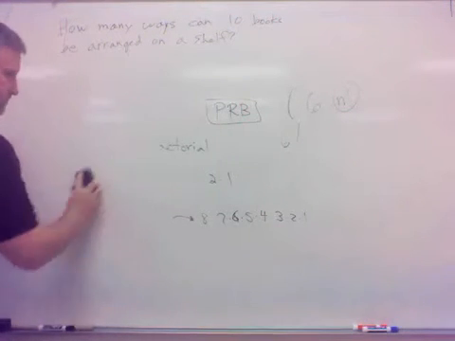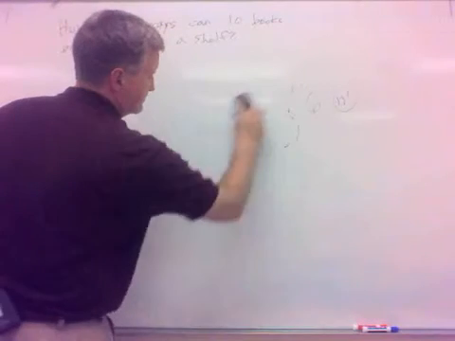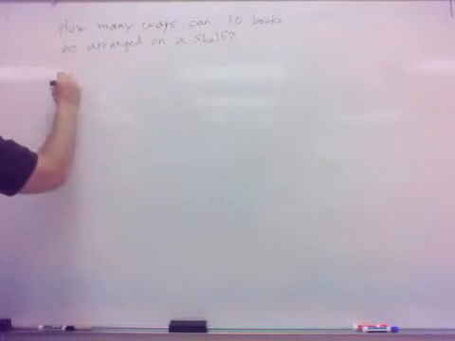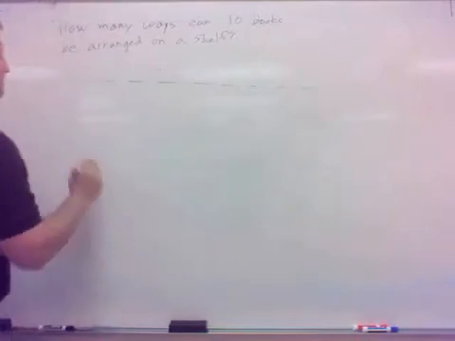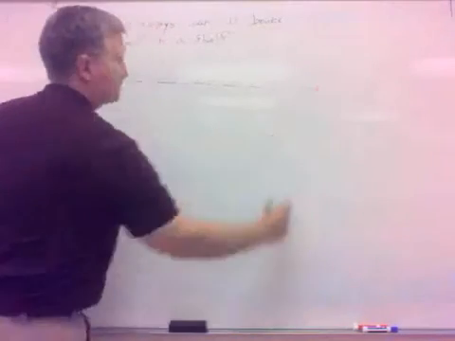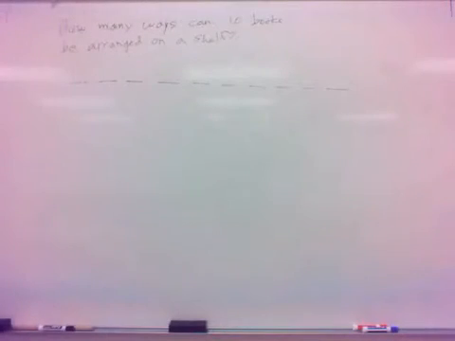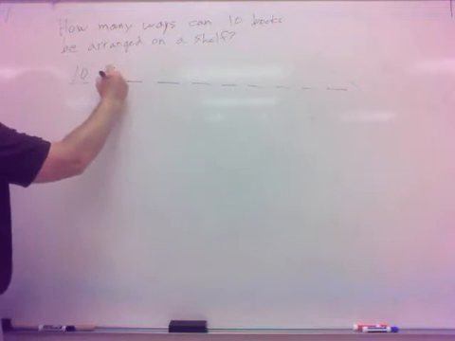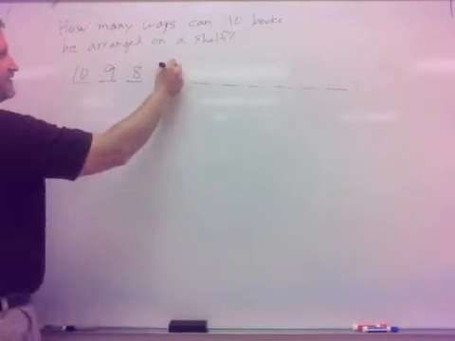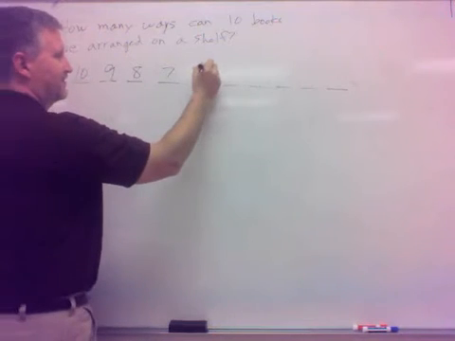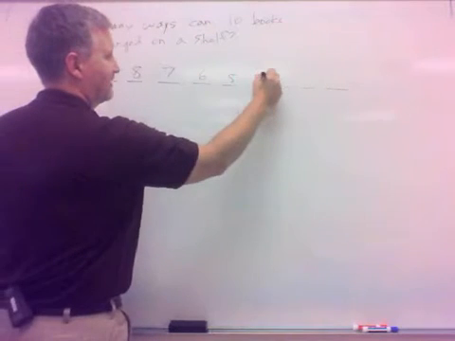Well, we're going to arrange all 10 books, so there's 10 spots, one for each book. There's 10 ways to put the first book in, but once we get the first book put in, we don't put it in again, so that leaves us only 9. And then the next one we put in, we'll only have 8. What is this otherwise known as?